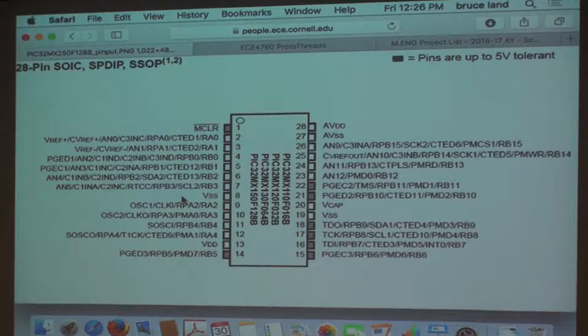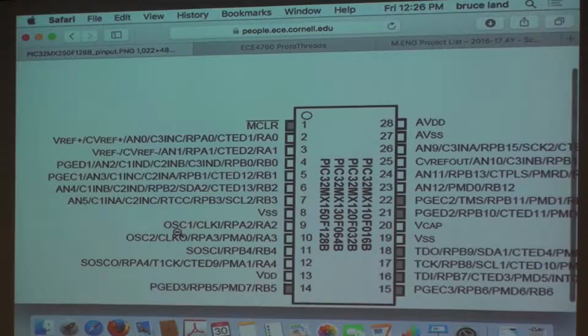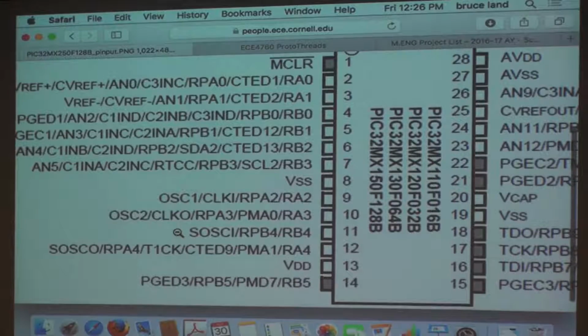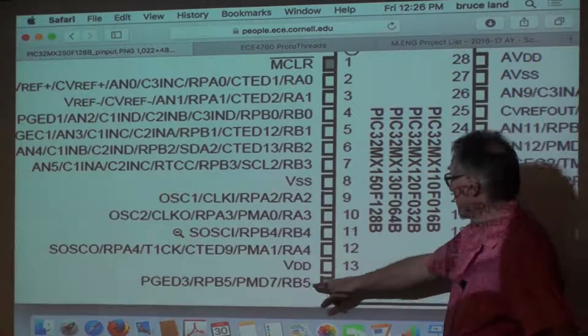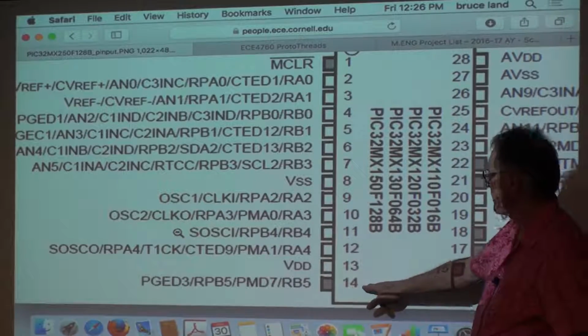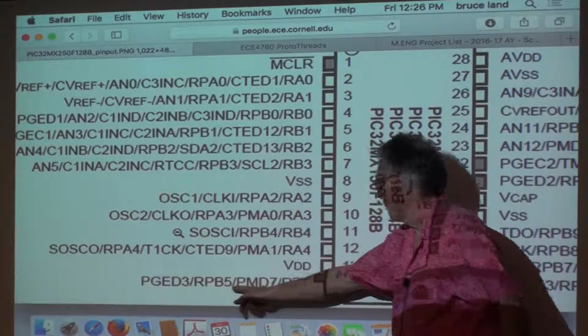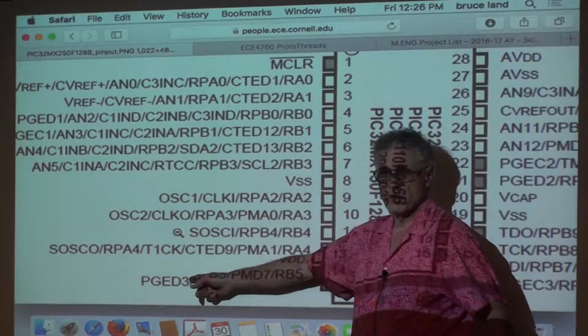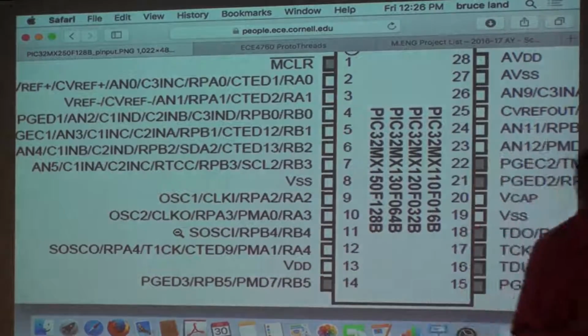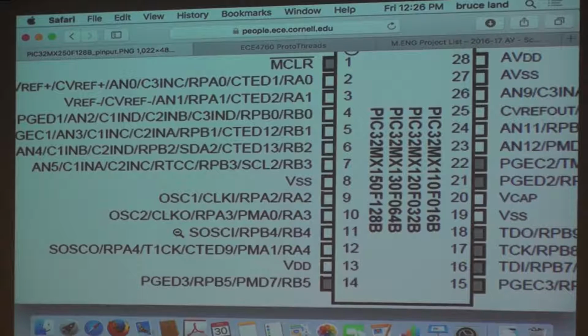And you can see that B5, pin 14, has at least 2 other functions that aren't registered on the simplified version. And one of them in particular, GED3, gets in the way of it being a chip select line unless you disable a debug function.